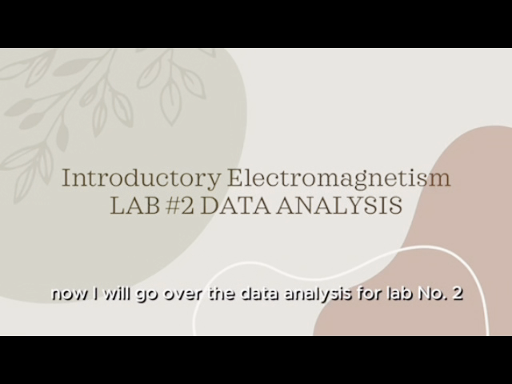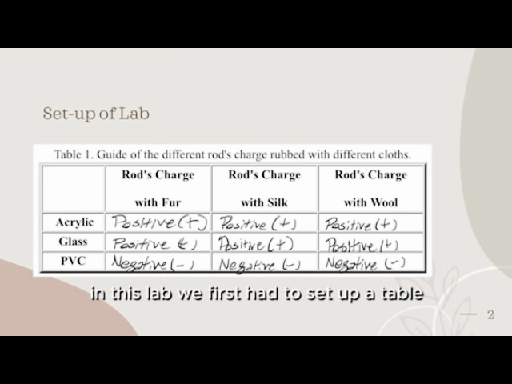Now I will go over the data analysis for lab number 2. In this lab, we first had to set up a table regarding the various charges we observed with 3 different rods, one of acrylic, one of glass, and one of PVC, when they were charged, that is, rubbed against certain materials such as fur, silk, and wool.